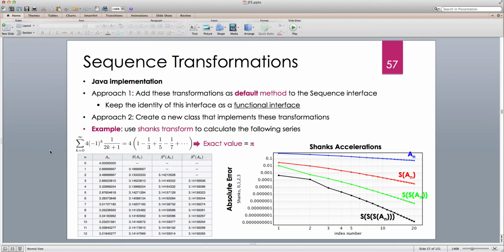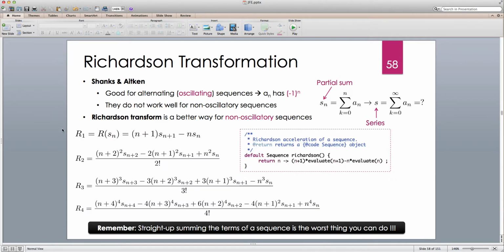And the key point was that if we are summing over an alternating sequence, a sequence that has alternating signs in its terms, it's definitely better to use Shanks or Aitken transformation. But then if the sequence is not alternating in sign and we're trying to sum the terms of the sequence to find the series, it's better to use Richardson transformation.